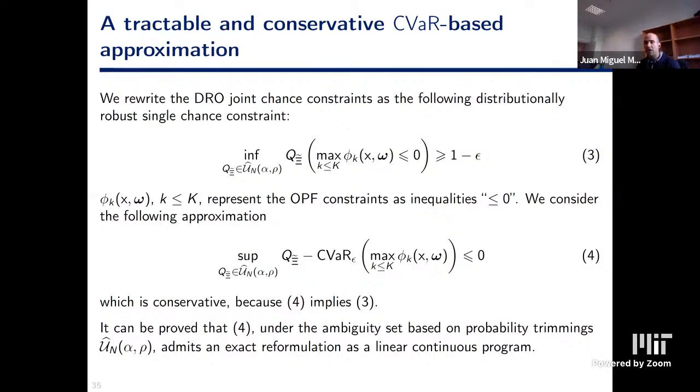approximation. Essentially, we first rewrite the joint chance constraint system as this single chance constraint on the maximum of the uncertain OPF constraints. And then we notice that the supremum over our ambiguity set of the CVaR at level epsilon of that maximum implies the satisfaction of the original joint chance constraints.